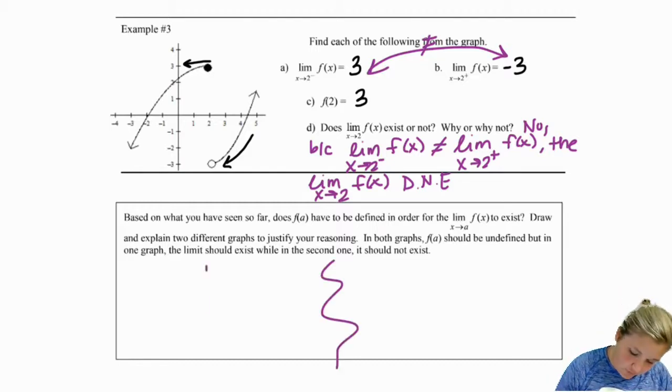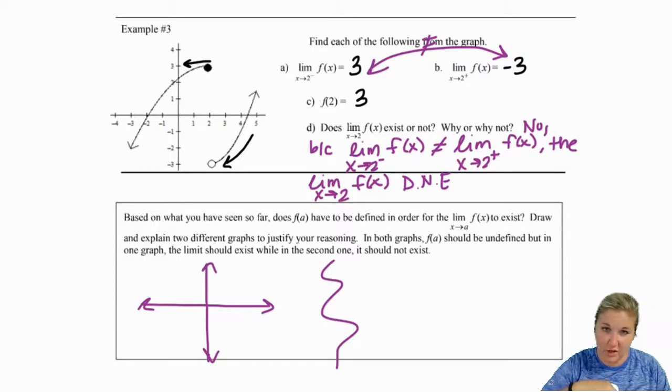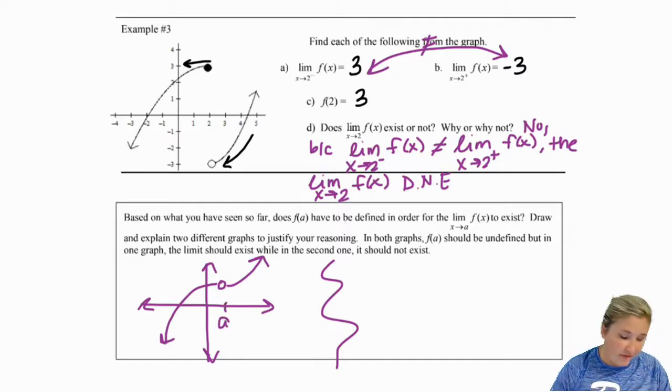So if we have a graph, kind of like the one that we saw a little while ago, in the first example last lesson, where it just had that hole. So if I have a number, and it's coming up right here, it goes up, and this is at a, whatever a happens to be, then f of a is undefined.